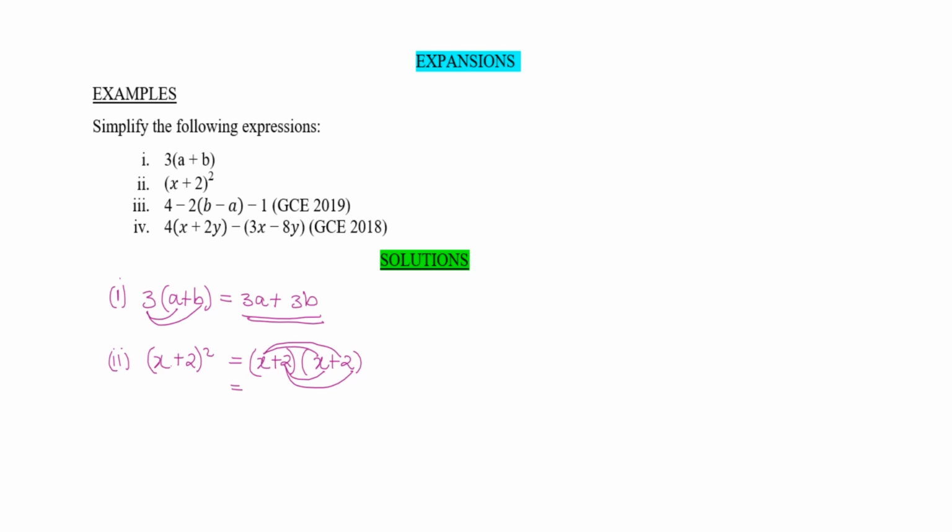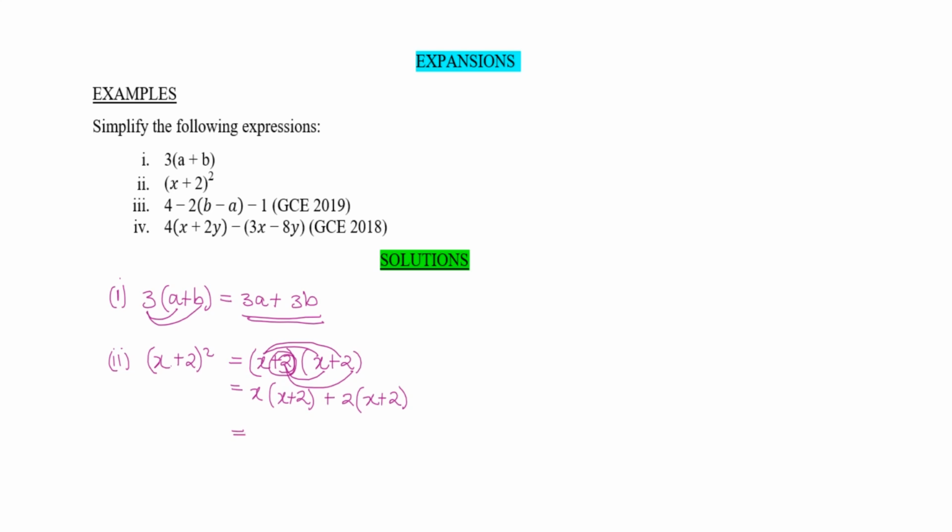So in other words, you can write to say this x should multiply the other set of brackets plus 2. Then this one here is a plus 2, so we are writing plus 2 and multiplies the other set of brackets x plus 2.